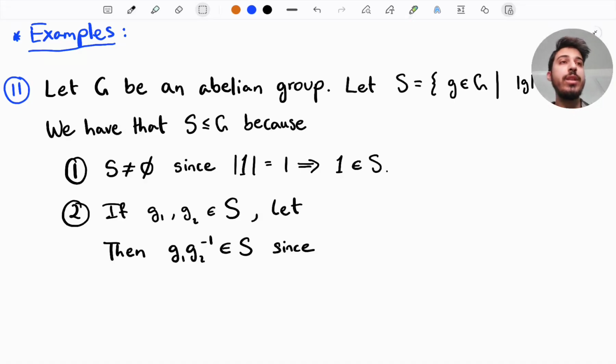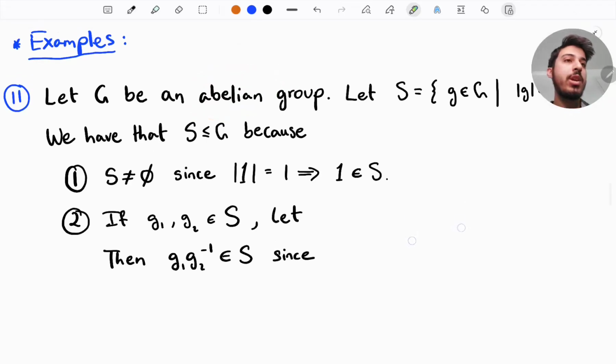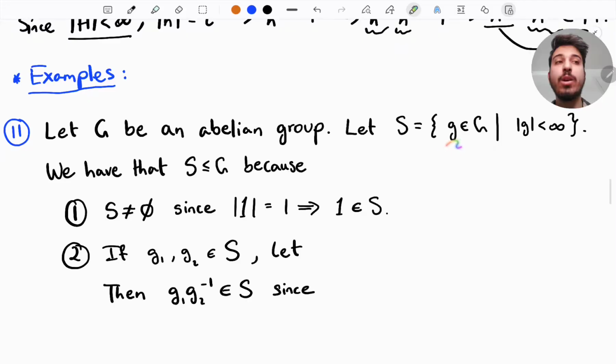So let G be an abelian group, a commutative group, and let S be all the elements in G such that the element has a finite order. We have that S is a subgroup of G because, first of all, S is non-empty. This is always a condition that many people forget to verify when proving that it is a subgroup.